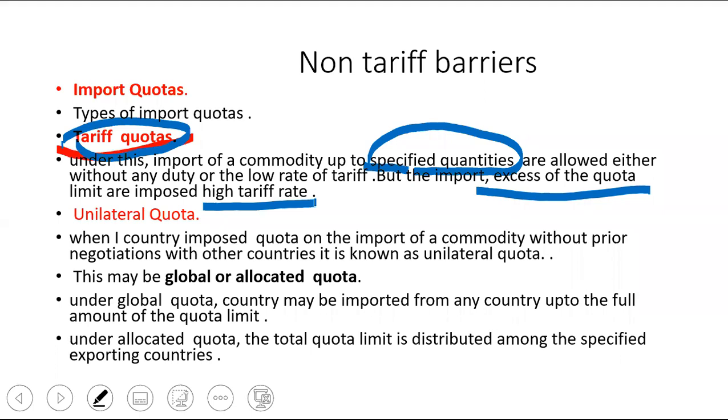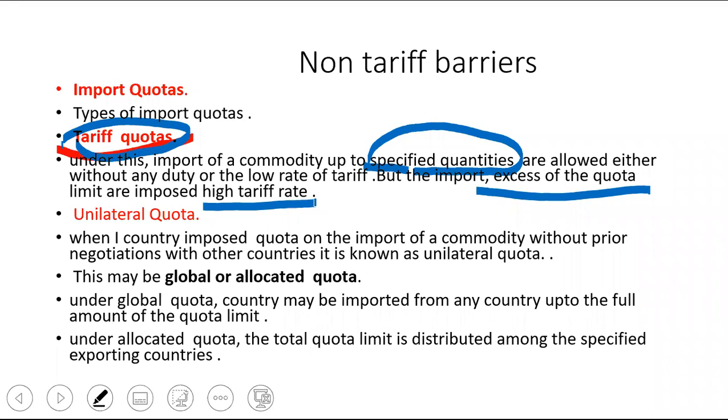First, this is a combination of tariff and quota, tariff quota. इधर गवर्नमेंट क्या करेगा? Government says that इतना quantity तक आपको import कर सकता है. For example, you can import up to 2 kilo of gold every month.